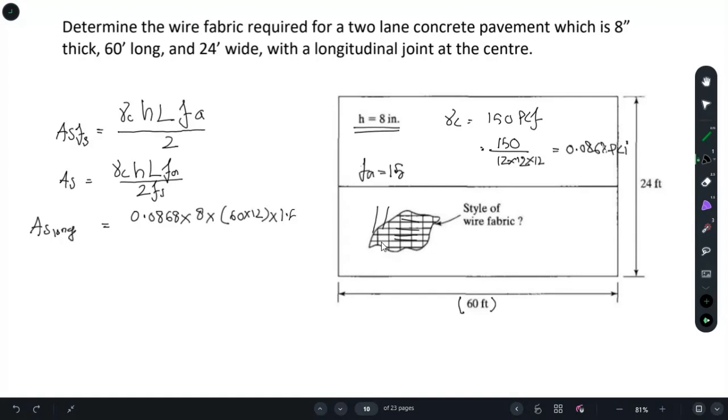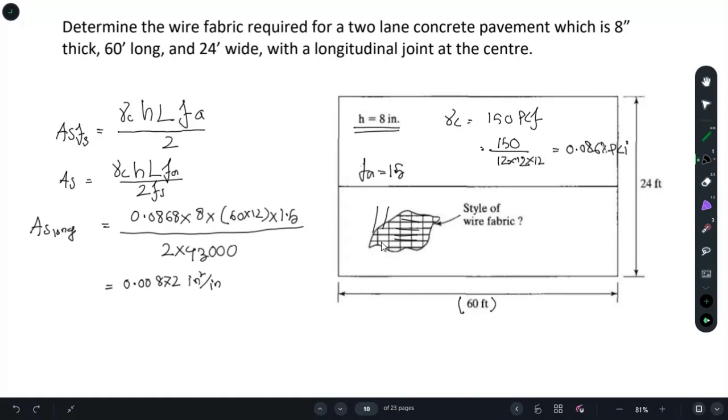I have an F value of 1.5, and let's say I'm using a steel that has an allowable strength of 43,000 psi, as it was told. From that, I will get a value of 0.00872 inch squared reinforcement per inch.